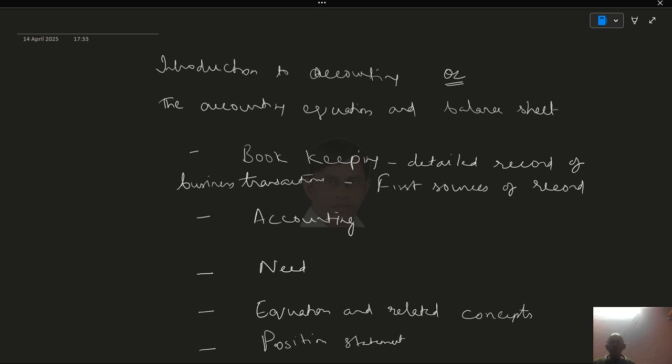Okay. So then what happens in accounting? Whatever information is derived from this is converted into financial statements. So what are financial statements?